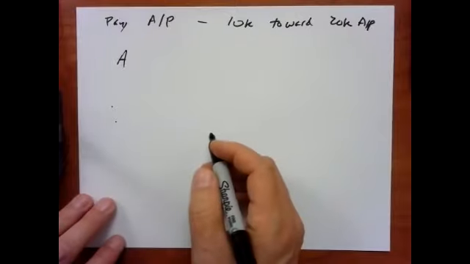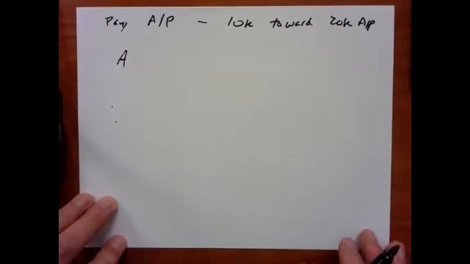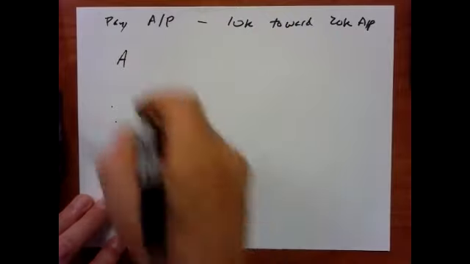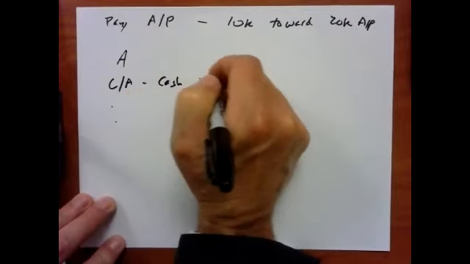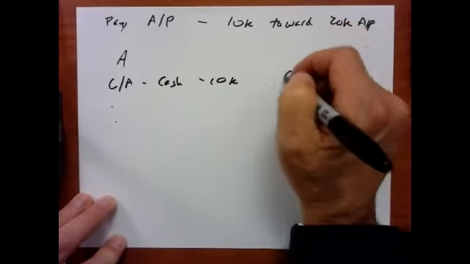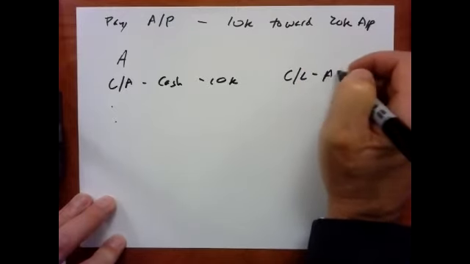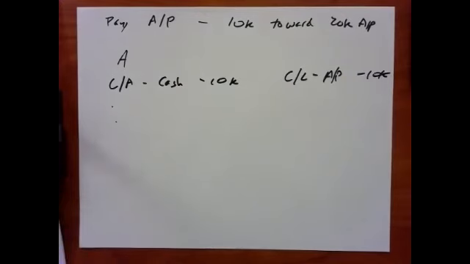On the asset side, if we're going to pay our accounts payable off, what do we have to spend? Cash. So current assets, cash is minus 10,000. And on our liabilities side, current liabilities, accounts payable also goes down by 10,000 because we've paid off the 10,000.